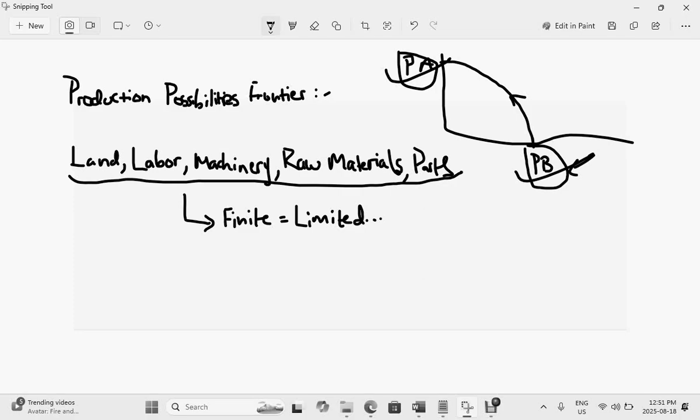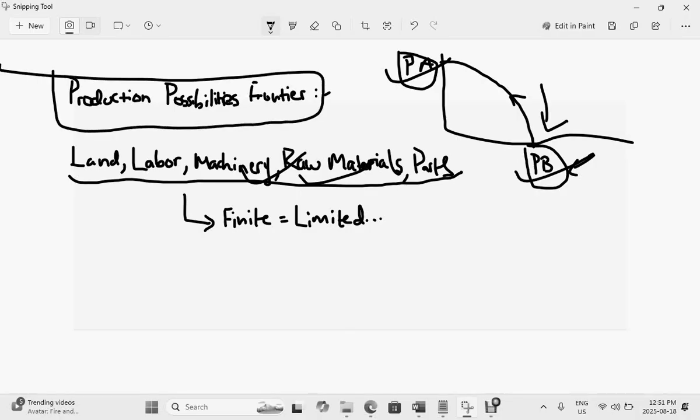Which means as you move away from product A and start producing product B, you're allocating more of these resources towards product B rather than product A. That's the reason why it's called production possibilities frontier. You're exploring the possibilities of producing either product A or product B, based on the resources you have.